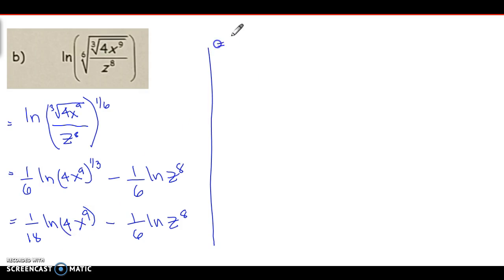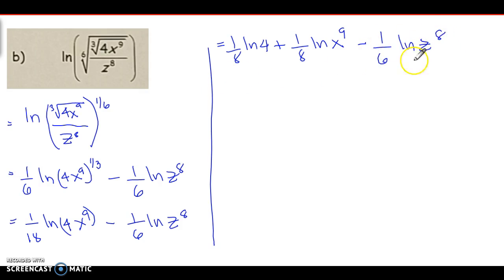So now we will have 1/8 ln 4. Now this is getting multiplied, so you will have plus 1/8 ln x to the ninth. All right, minus 1/6 ln z to the 8th. So you can keep it this way, or another way would be like this.